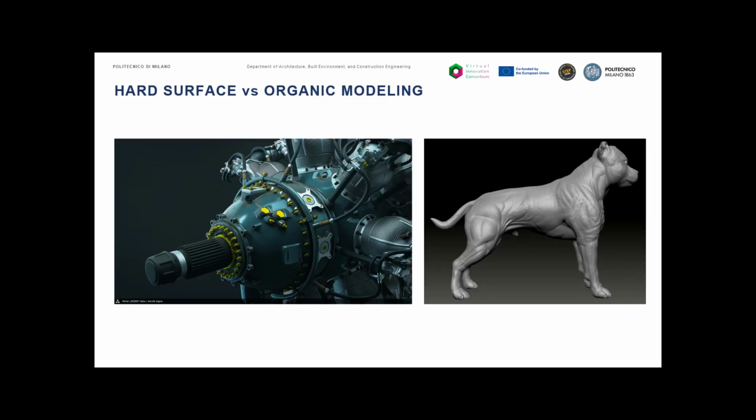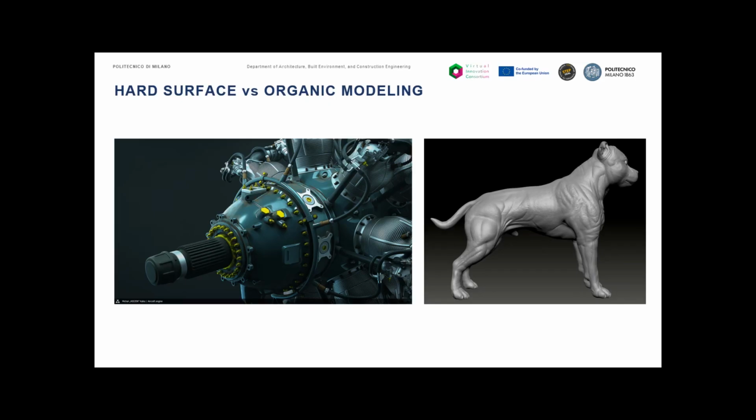You can see clearly that the mechanical assembly on the left shows the characteristics of hard surface modeling: controlled definition, regular geometry, very manufactured surfaces.